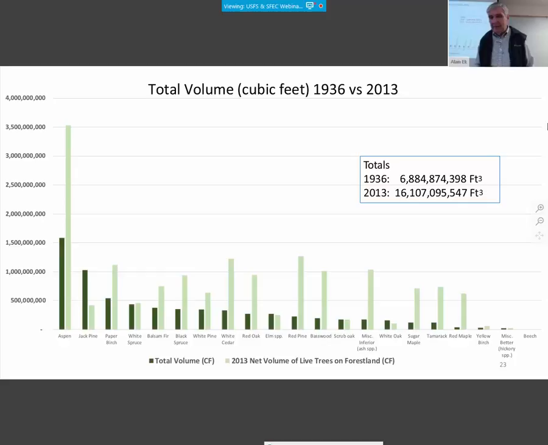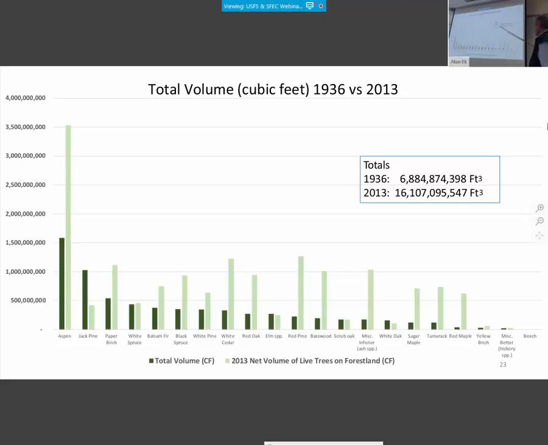And if we look at the cubic foot volume of wood, net cubic foot volume by FIA today, the light green bar versus the dark bar back in 1936, you can see how the volumes of the individual species have virtually all gone up.